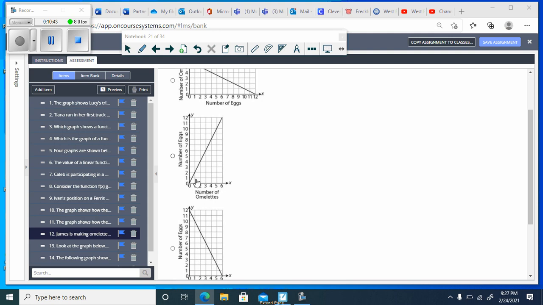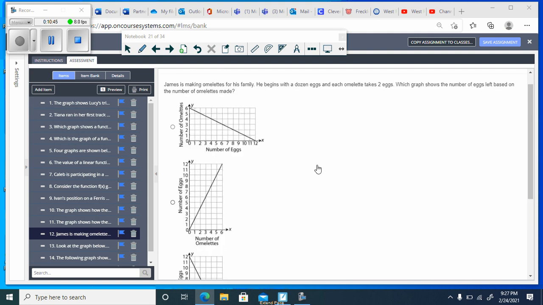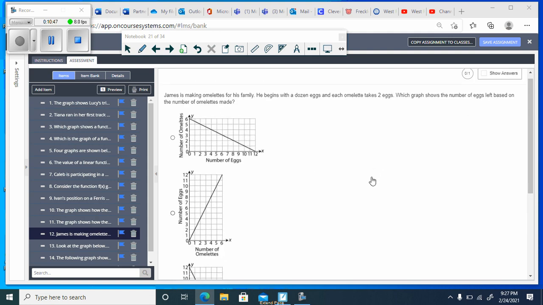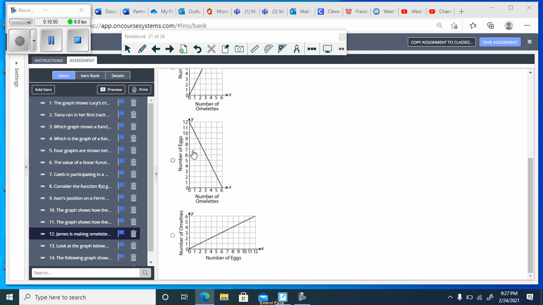When he makes 1 omelet, he's used 2 eggs, but we're talking about the number of eggs left. So we start out here and we make 1 omelet and we use 2 eggs, right? Another omelet, we use 2 eggs. Another omelet, we use 2 eggs, right? Okay, this is the graph you're talking about.